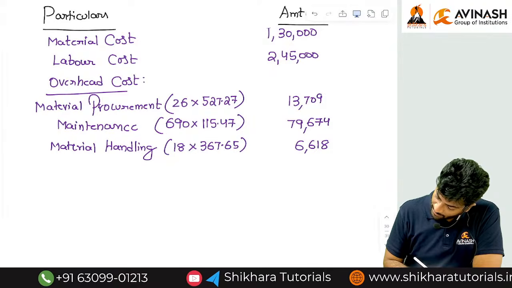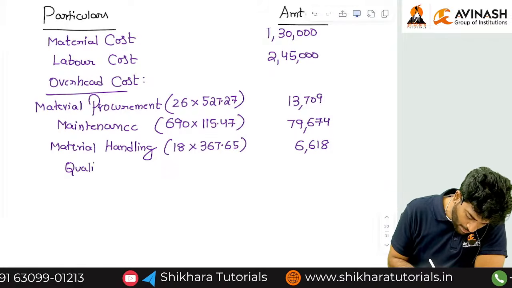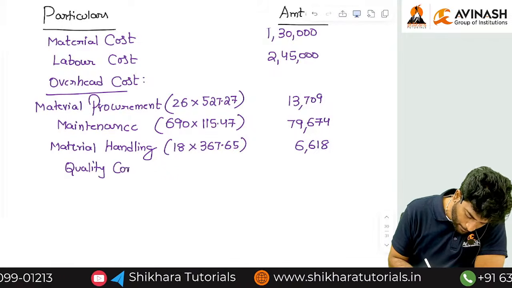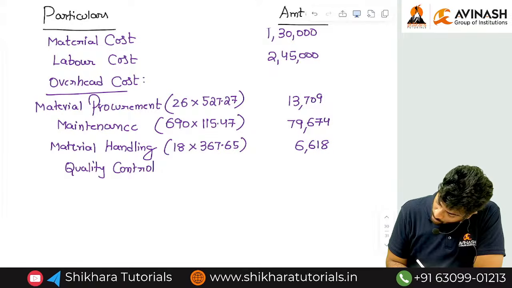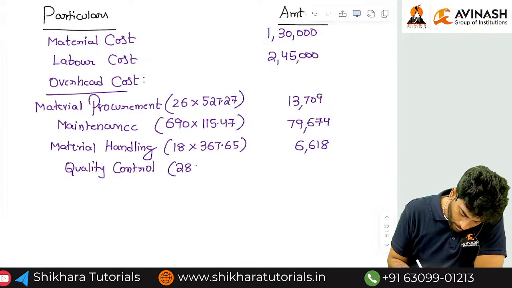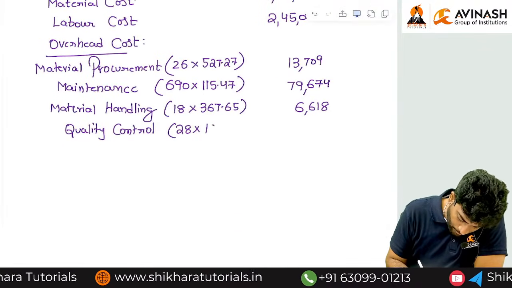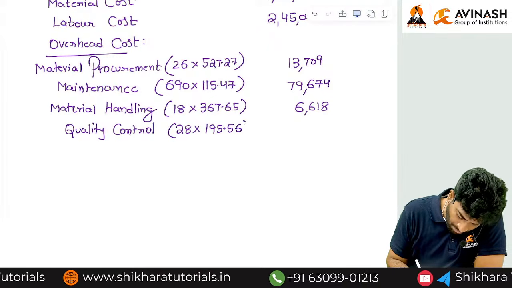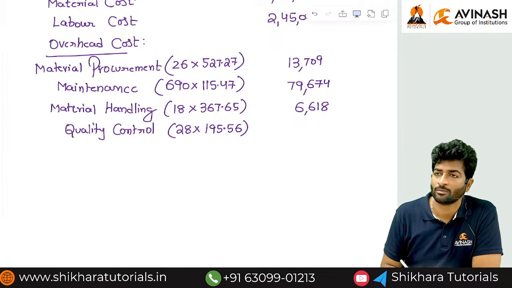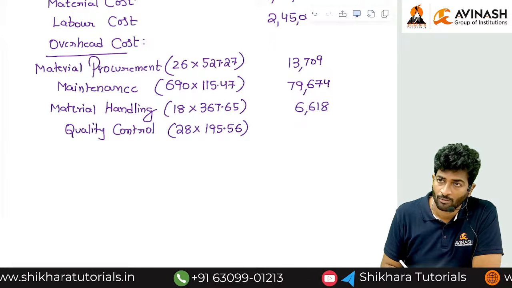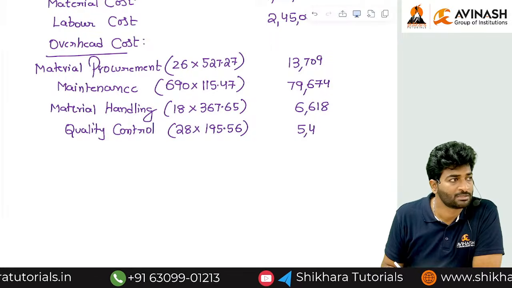After material handling, inspection. Quality control, we have 28 inspections, right? 195.56 per inspection. Multiply 5,547. 5,475 point.